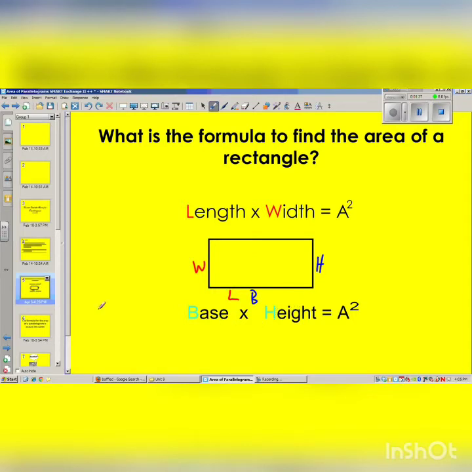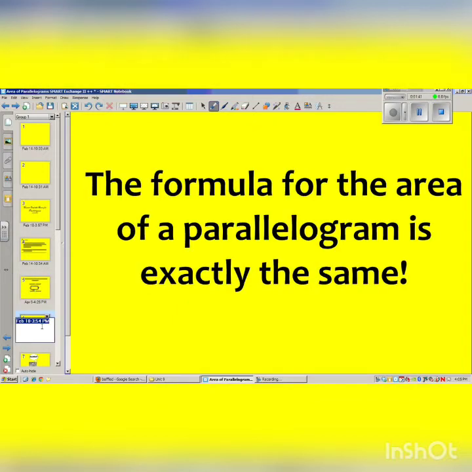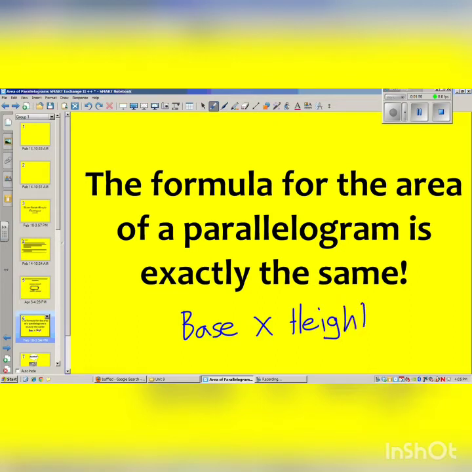Now, I'm going to blow your mind a little bit here. The formula for the area of a parallelogram is exactly the same as the formula for finding a rectangle. It is base times height. That equals area, again, in units squared. Is your mind blown?